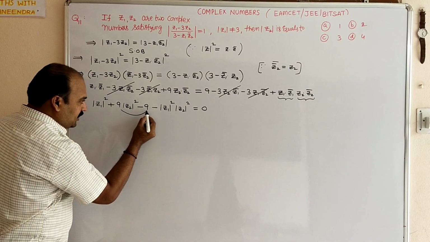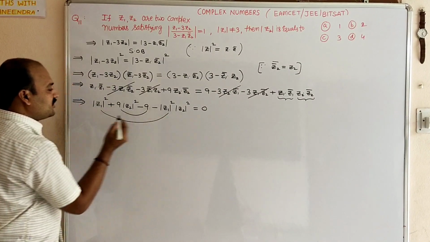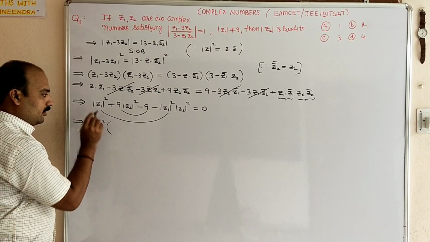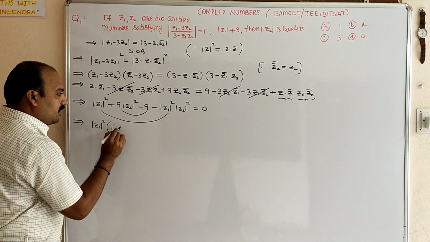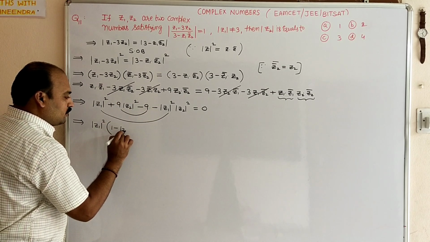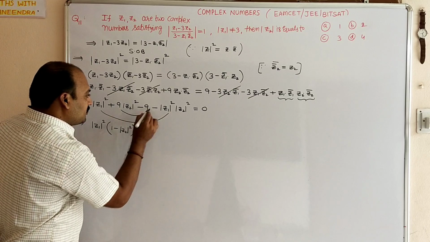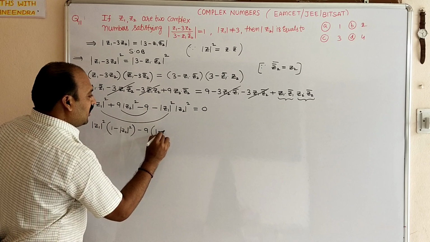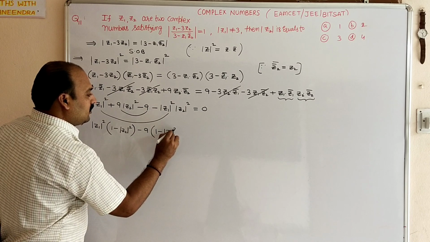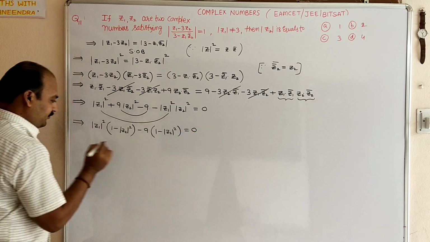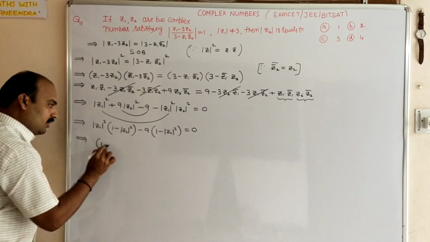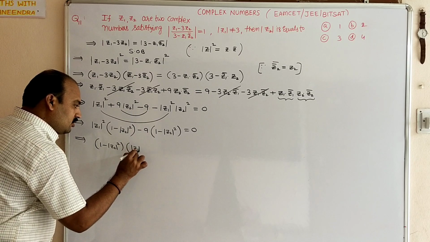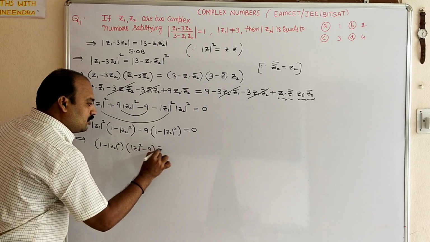From these two, 9 take common. From these two, mod Z1 square take common. So mod Z1 square, if we take out common from first and last terms, 1 minus mod Z2 square. From these two, if you take out minus 9 common, 1 minus mod Z2 square is equal to 0. That implies 1 minus mod Z2 square into mod Z1 square minus 9 equal to 0.